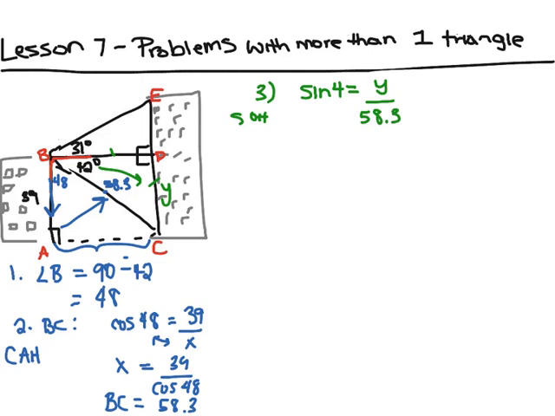We're going to multiply both sides by 58.3. So 58.3 sine of 42 is equal to y. Type that into your calculator and you should get 43.3 to be y. So right here is 43.3. Let me just erase this.